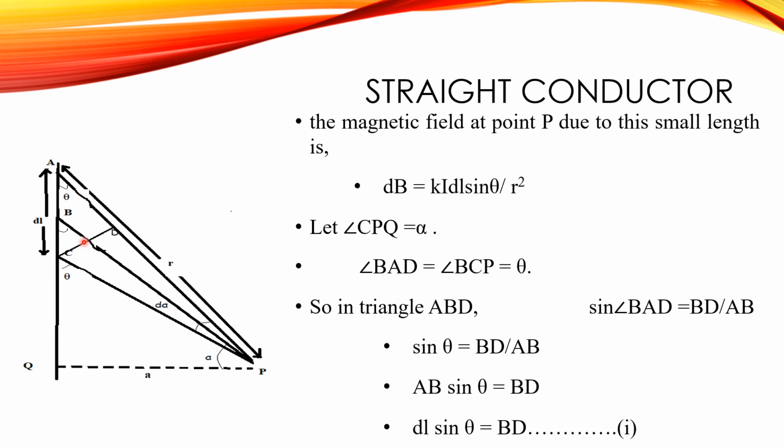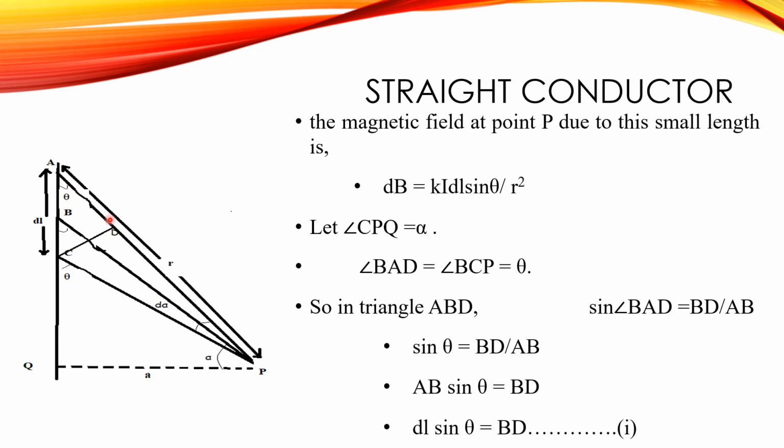angle CPQ as alpha. Due to which this angle BAD is taken as theta, and since BAD is equal to theta, BCP is also equal to theta. Now we'll consider triangle BAD.